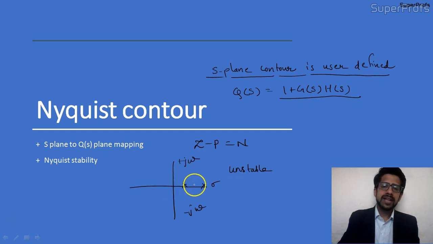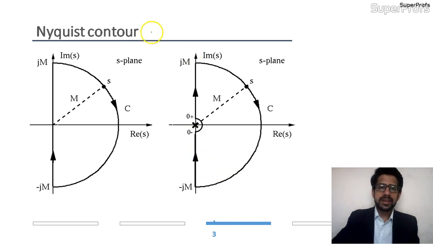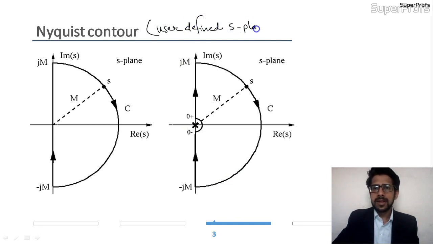So if there is a system which detects whether there is any pole on the right hand side of the S-plane, then I will be able to comment on the stability of the system. So this is what Nyquist did. Let us see the Nyquist contour, which was the user defined S-plane contour.